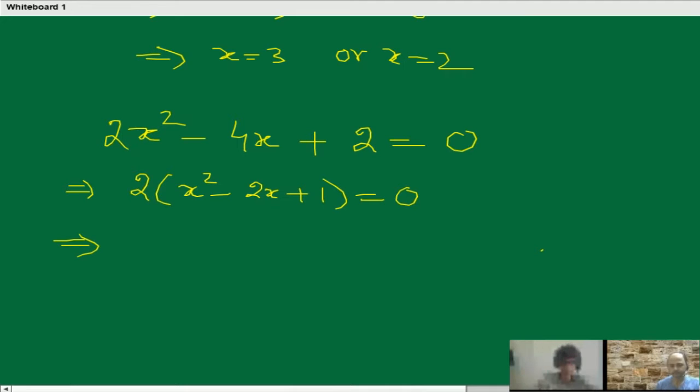So then it gives us x squared minus 2x plus 1 equals 0, which would give us x squared minus x minus x plus 1, so 0. So then our common factor would be x outside.